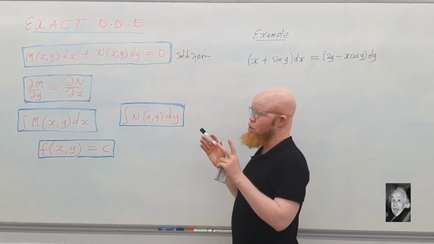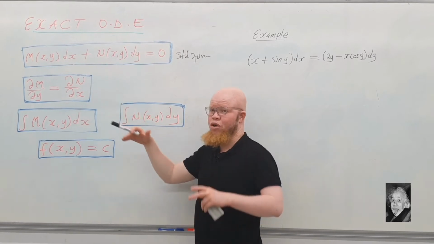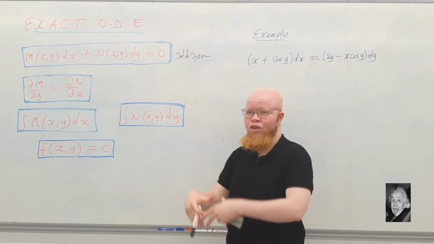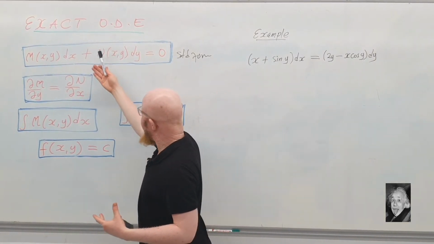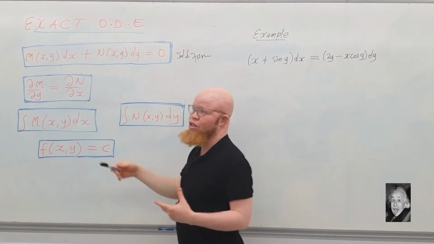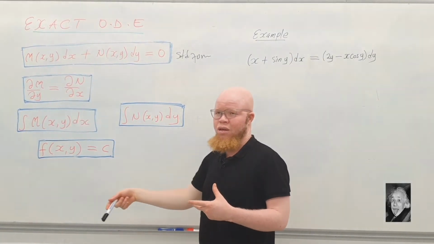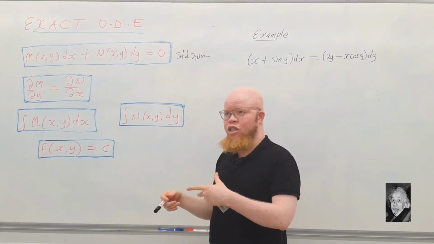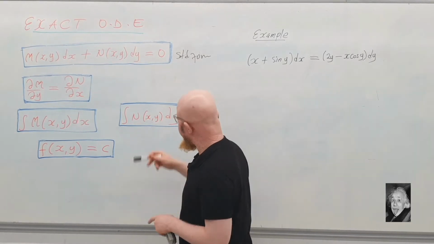So if you see that your equation can take this form, sometimes the equation may not necessarily be in that form, but you have to convert it to be in that form. So if you see that it's in this form, then you should know that it may be an exact ordinary differential equation. It may be means that it may not be also. So you shall see what I mean by that.